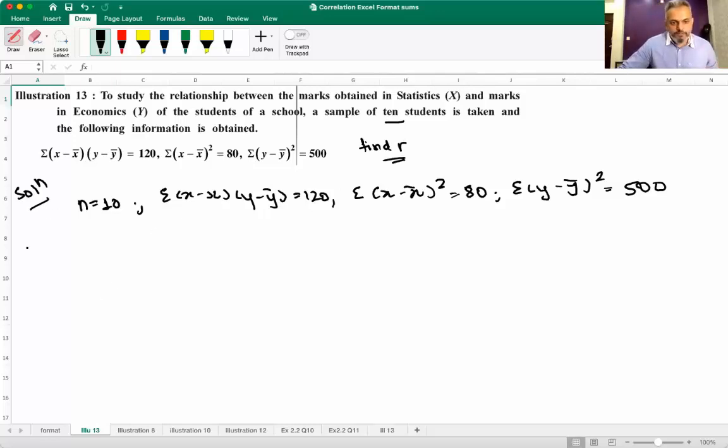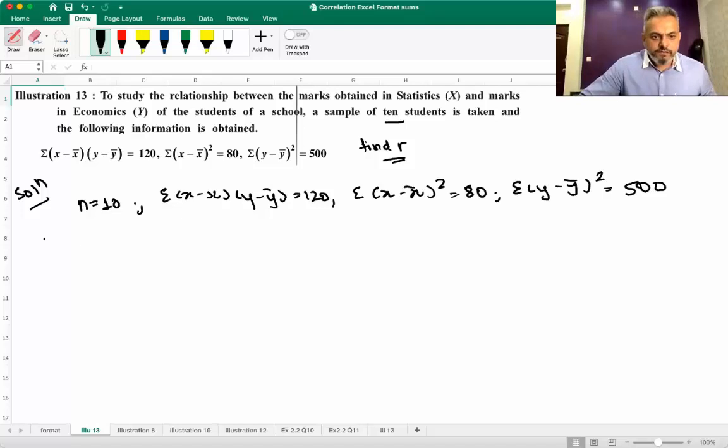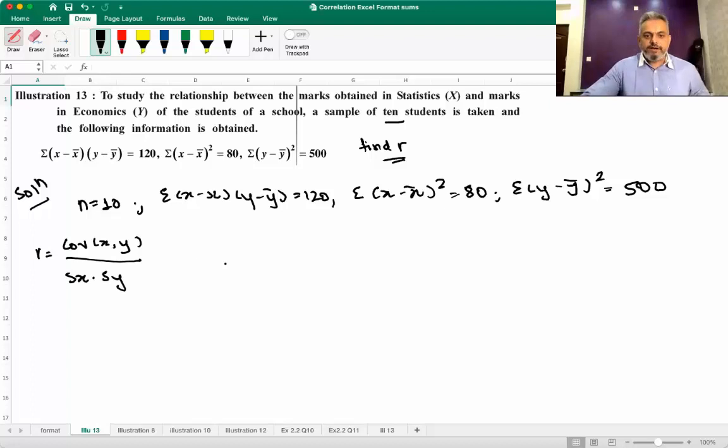So now the formula is r is equal to covariance x comma y upon standard deviation of x into standard deviation of y. You have to remember the formula, then only you will be able to do the sums. So first let's find out covariance x comma y.